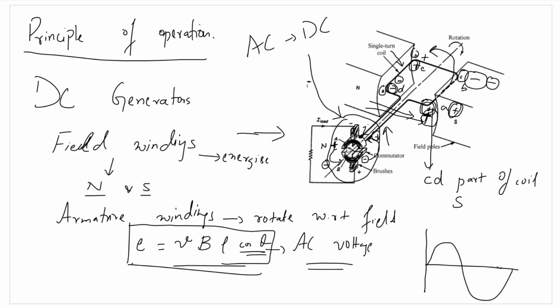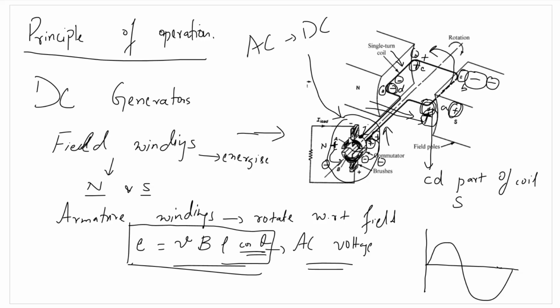The commutator segments will also be carrying AC voltage, but since they are rotating, when they are carrying positive polarity, they will be on the top side. When they are carrying the negative polarity, they will be on the down side. That means the brushes always will be carrying the same polarity, either positive or negative.